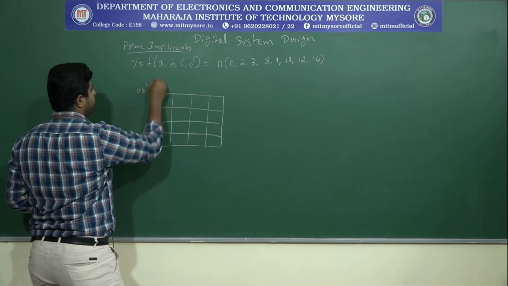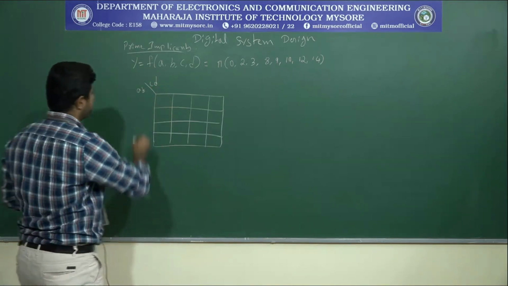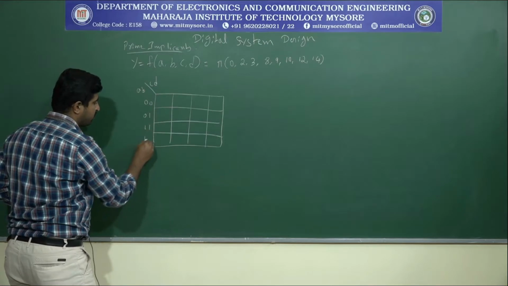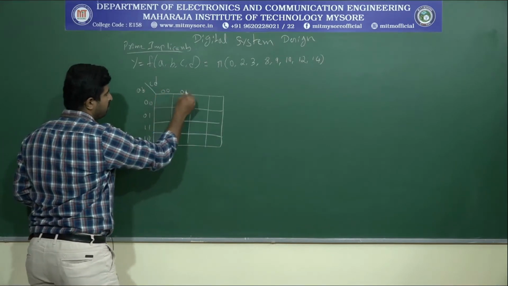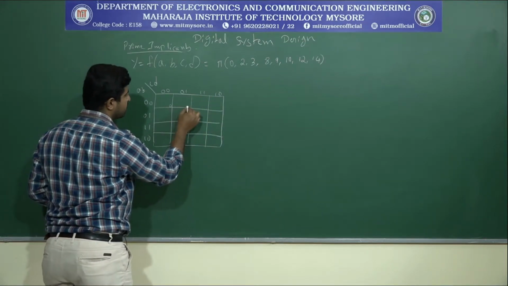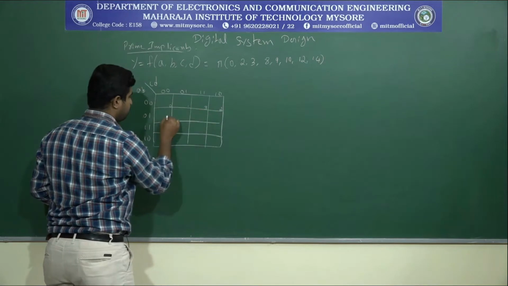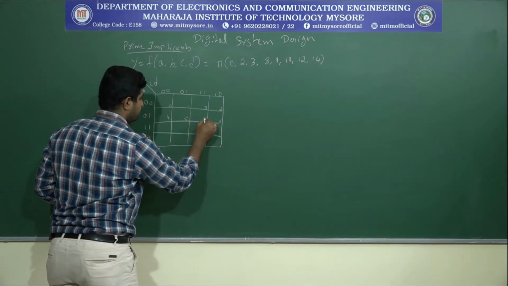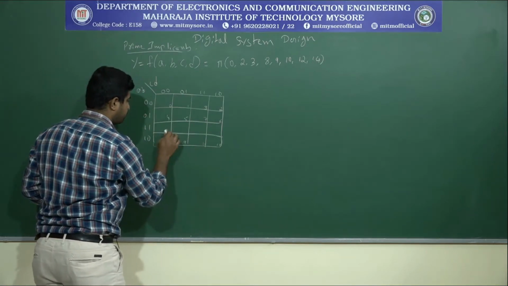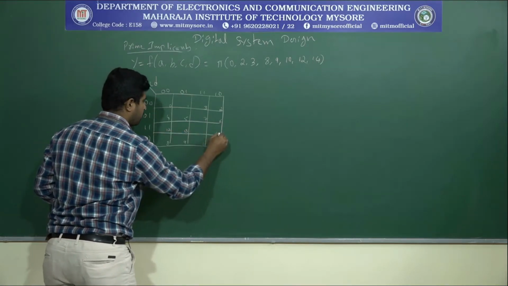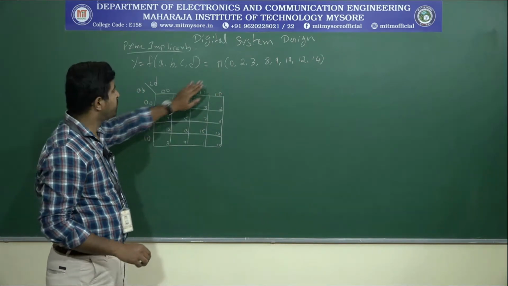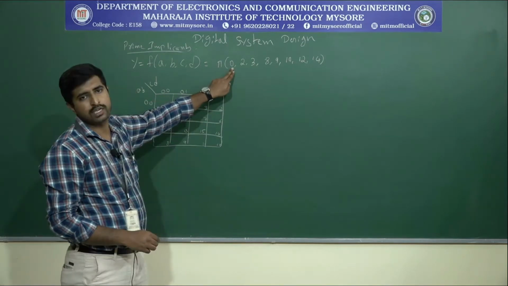So A, B, C, D, and as usual 0, 1, 0, 0, 0, 1, 1, 1, 1, 0, 0, 0, 0, 1, 1, 1, 1, 0. The cell numbers are 0, 1, and so on. Now, according to the equation, we need to place the logic 0 in the corresponding cells.